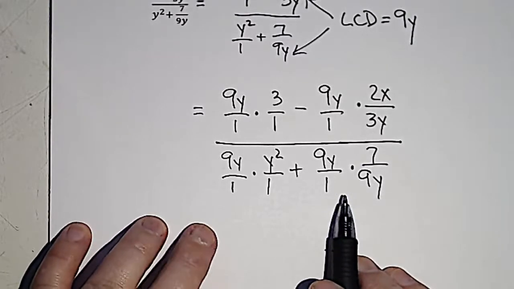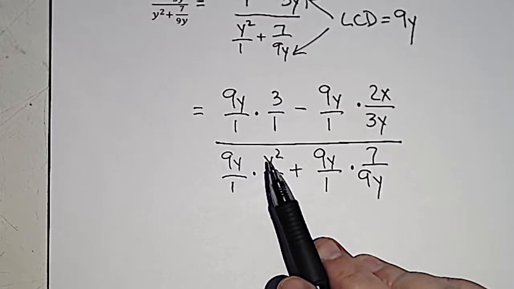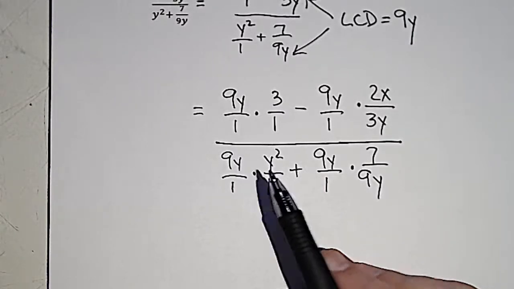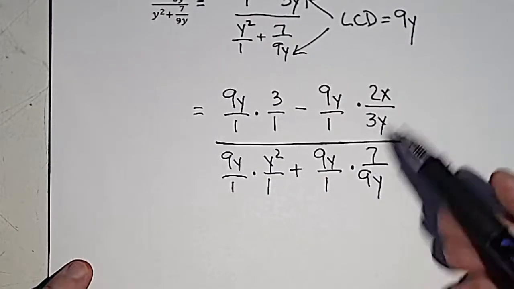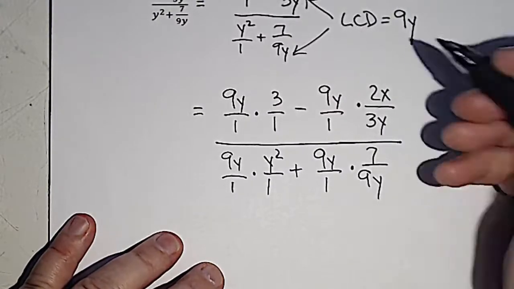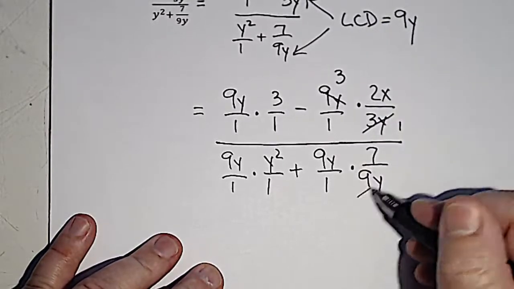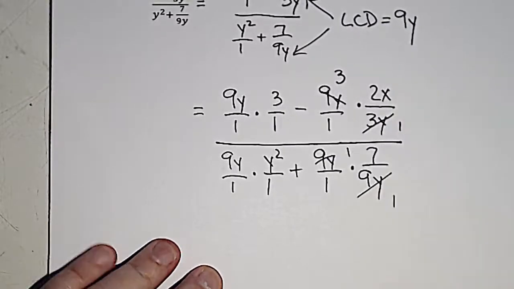So now what happens? Well, it's kind of frustrating because with these first two, top and bottom, nothing's going to cancel because they didn't start off with denominators other than 1. So nothing cancels there. But we do cancel here. The 3y and the 9y cancel, and here, the 9y cancels completely.